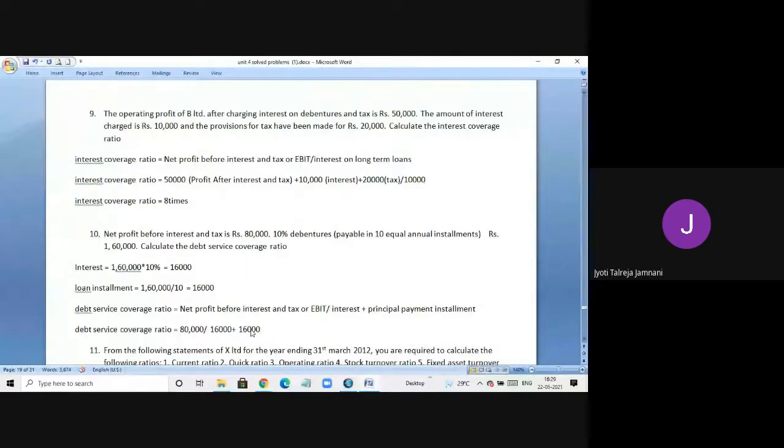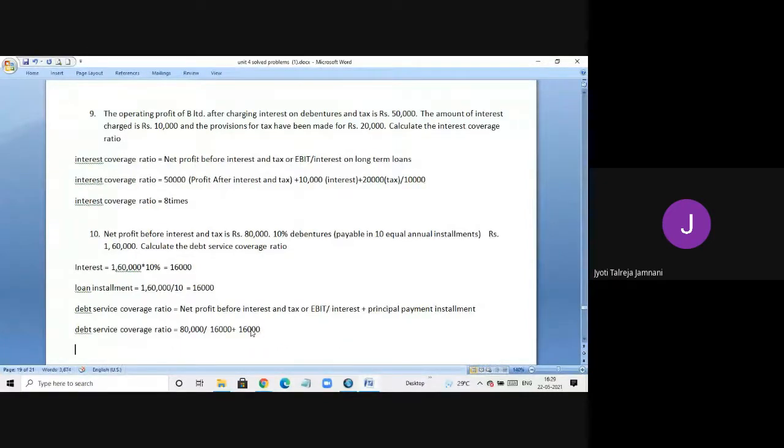So if you're able to meet up both, that means you're earning so much that you can pay your interest plus your repayment installment. So debt service coverage ratio is equals to 80,000 divided by 16 plus 16 is 32,000.